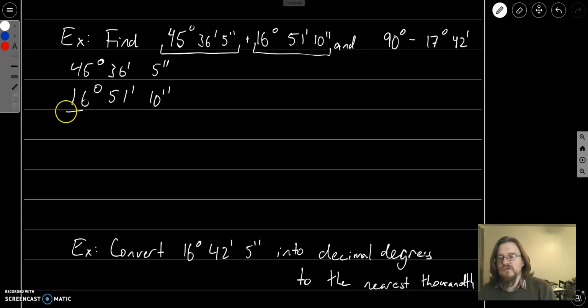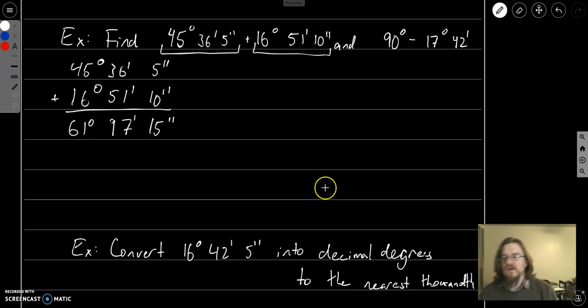So we'll just go straight across. We've got 5 seconds and 10 seconds, and that will add up to 15 seconds. We've got 36 minutes and 51 minutes, so if we add this together, we will get 97 minutes. And we've got 45 degrees and 16 degrees, and this will add up to 61 degrees.